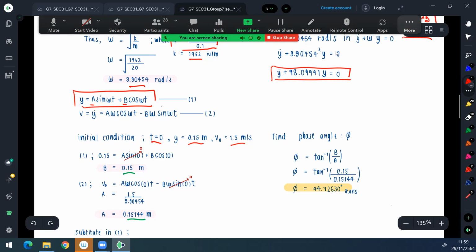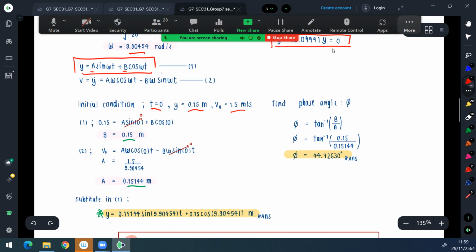Okay, so according to this, when we substitute time equal to 0 into the first equation, we obtain y equal to 0.15. The sine term becomes 0 because sine 0 is 0, right? And we have only the cosine term, and cosine 0 becomes 1. So then we obtain the constant B equal to 0.15.